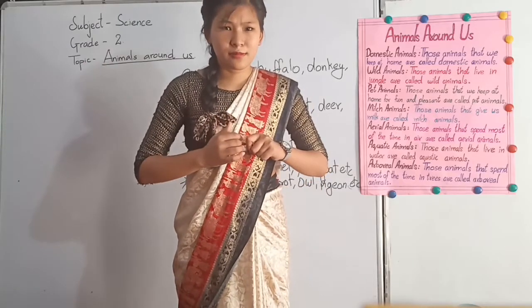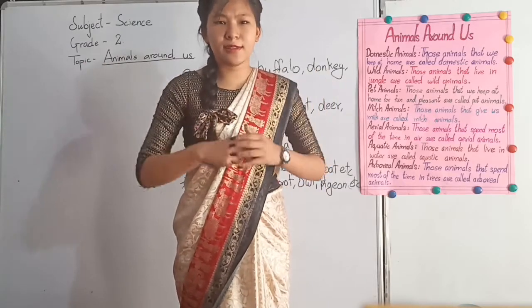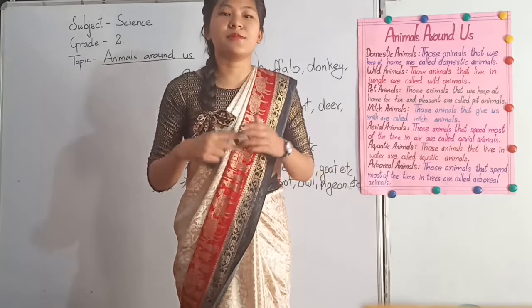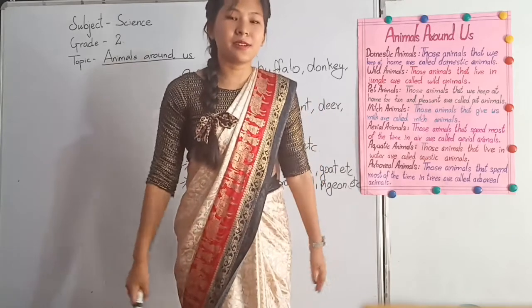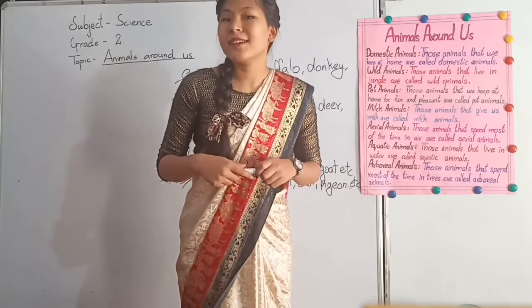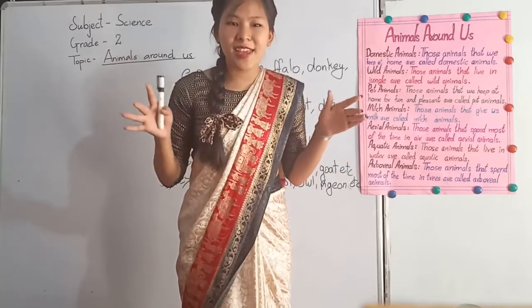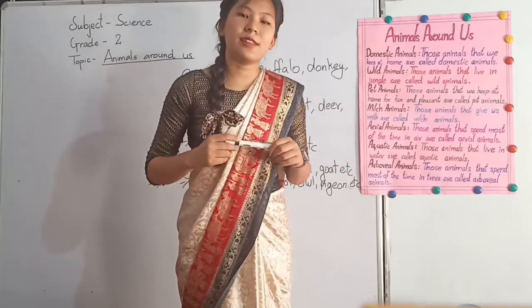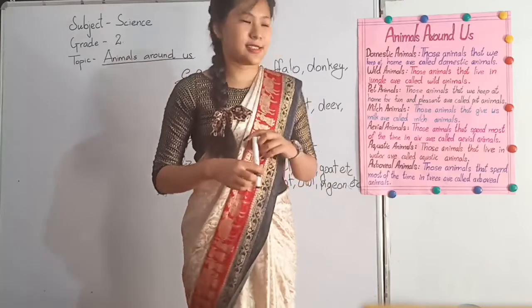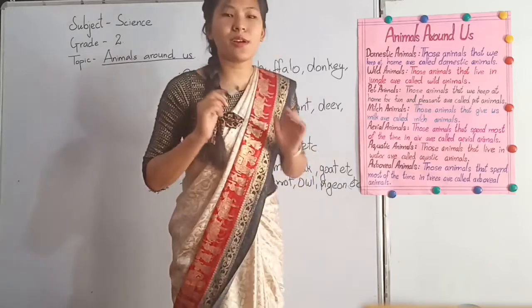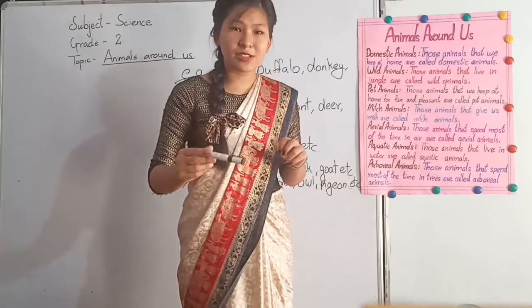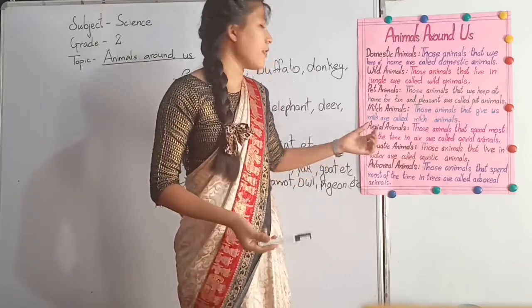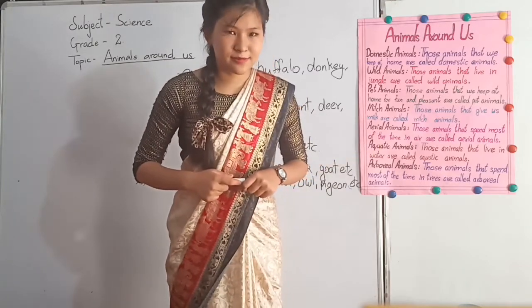Dear children, what do birds fly with? Yes, we all know that birds fly with the help of their what? Their wings. Very good. So birds fly with the help of their wings. I hope you understood the definition and the examples of aerial animals.